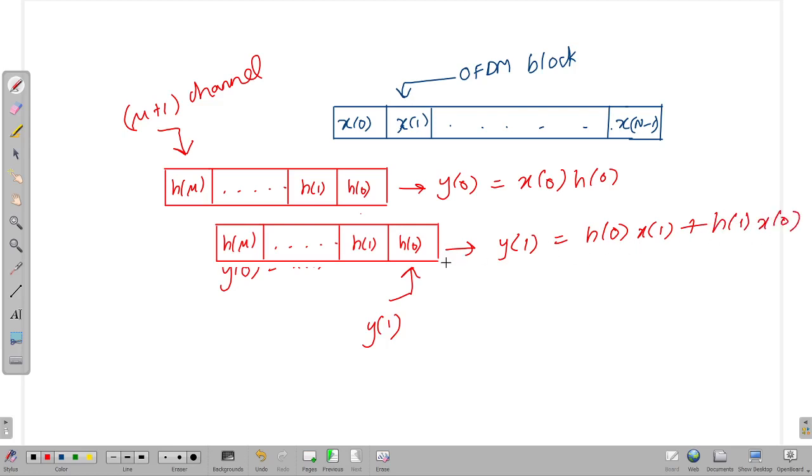You would expect a transmission like this, that is, a linear convolution of x of n with h of n, the impulse response.